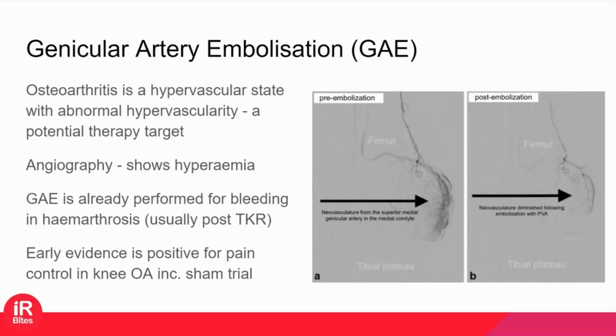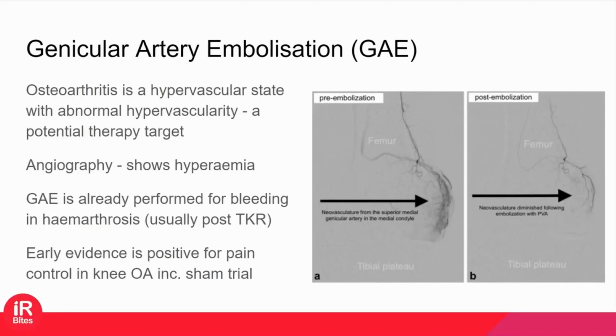And so there are some early or preclinical studies that show that osteoarthritis is actually quite a hypervascular state. The disease process comes with neovascularization and new abnormal blood vessels forming. And so this is a potential therapy target, because if the patients who have a problem all have these problematic vessels, you can target those and leave the main vessels intact.